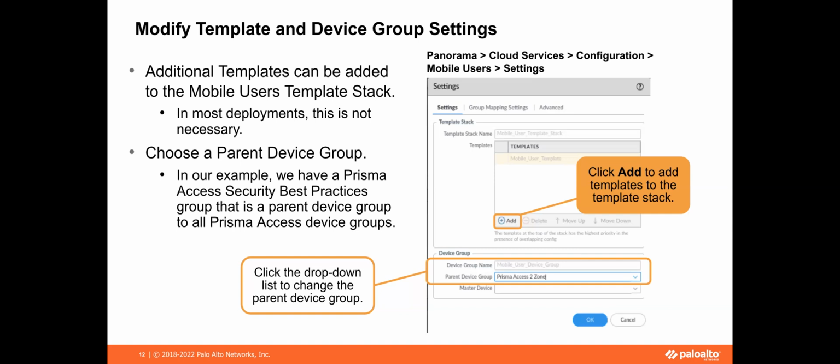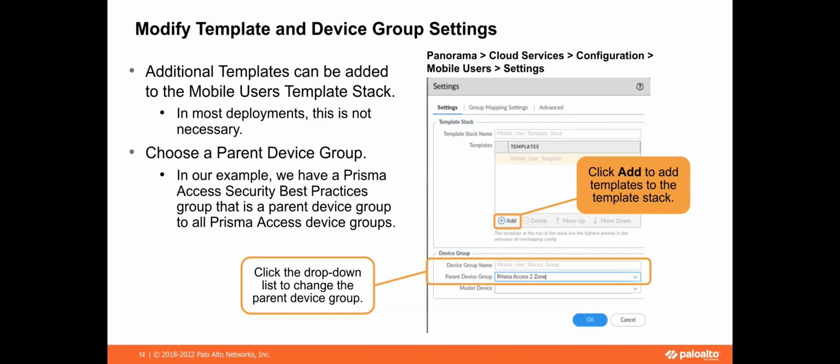In the device group section, select the parent device group that contains the configuration settings that you want to push to Prisma Access for users. You will push all configuration, including the security policy, security profiles, objects, HIP profiles, and so on, and also authentication profiles that Prisma Access will use.